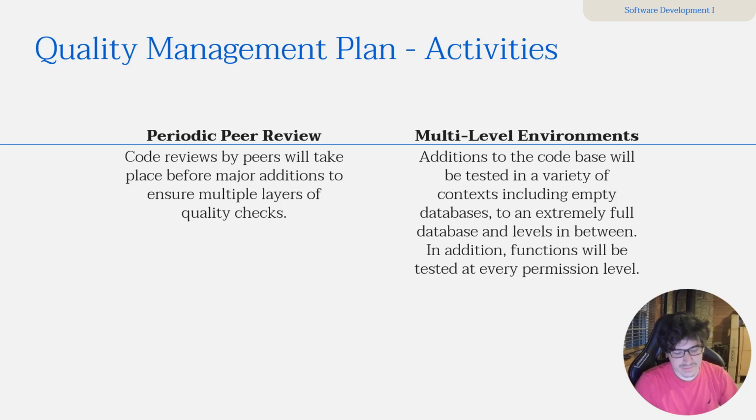So how would this code affect a small database, a medium-sized database, a large database, ones with all the entries in, or some of the entries in, at all levels there? And obviously, you need to use all the functions at different permission levels. If you're a user, the lowest level, can they read everything? Can they search everything? Can they sort everything?